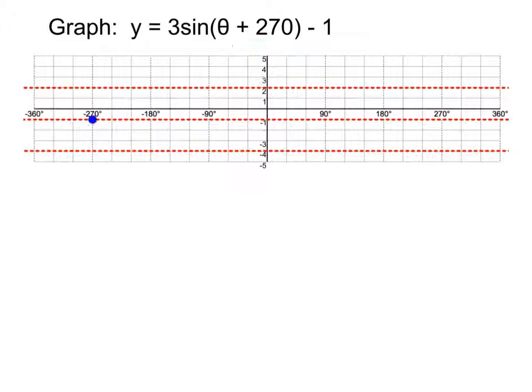So my very first point is right there. Left 270 on my midline. Then from there, as I head to the right from 270, is it going up or is it going down? It goes up, yep. Because sine goes middle, top.